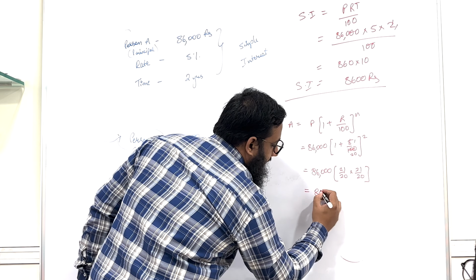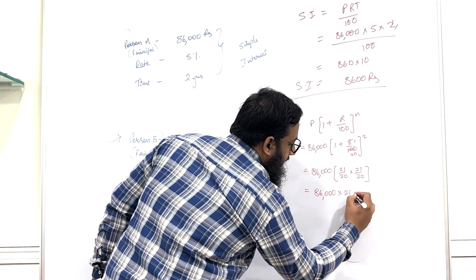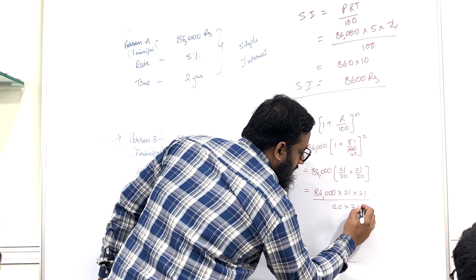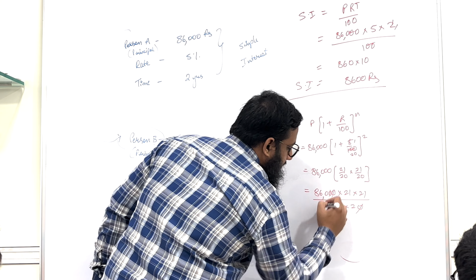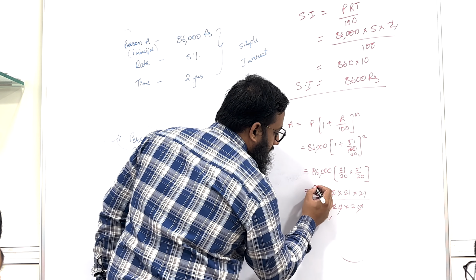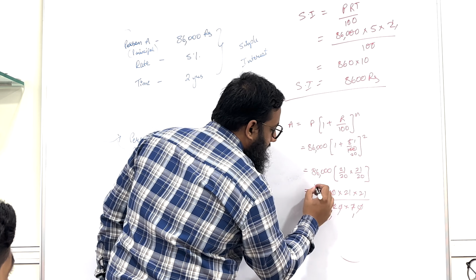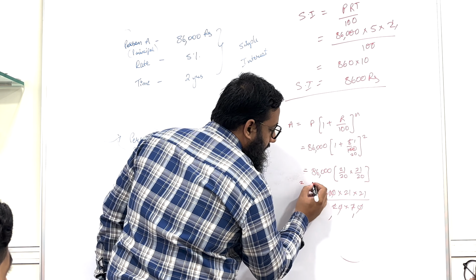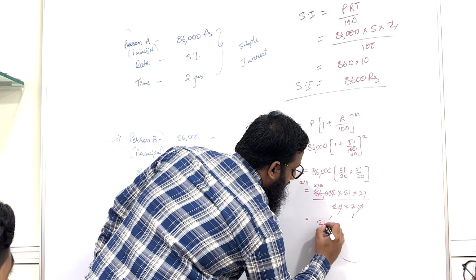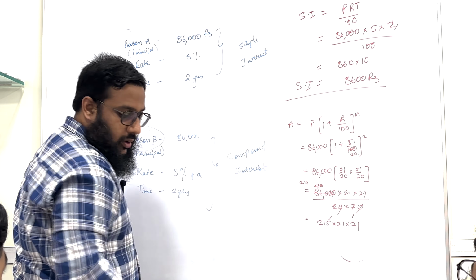Just open the bracket: 86,000 into 21 into 21, the whole upon 20 into 20. The zeros cancel. This reduces to 215 multiplied by 21 multiplied by 21.